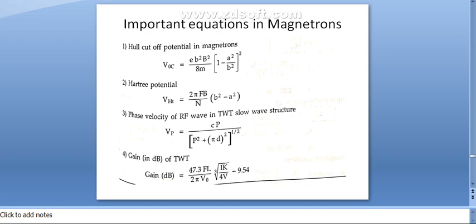The important equations are the Hull cutoff potential, the Hartree potential, and the phase velocity of the RF wave in the TWT slow wave structure. So these are the important equations of magnetrons and TWT.